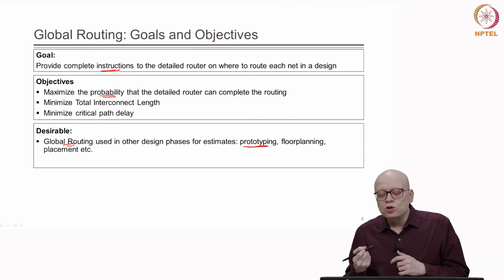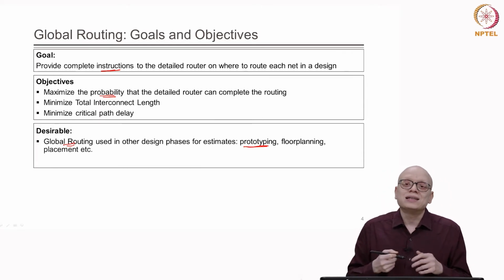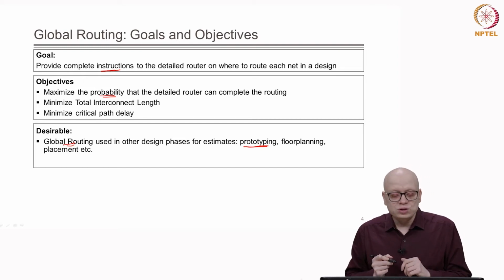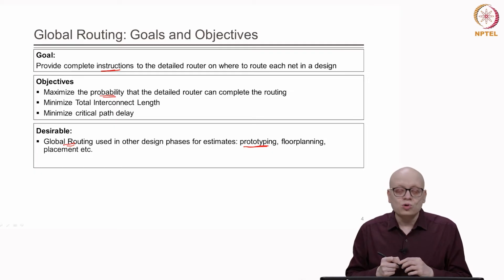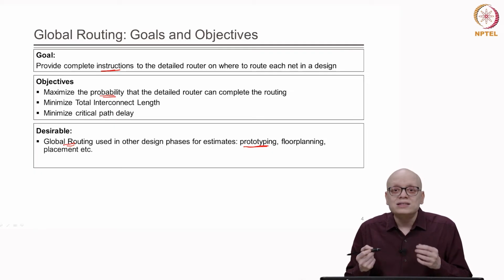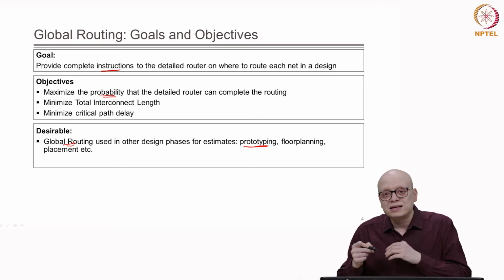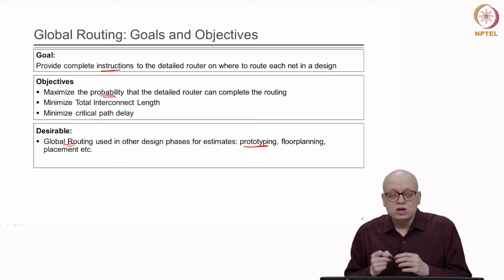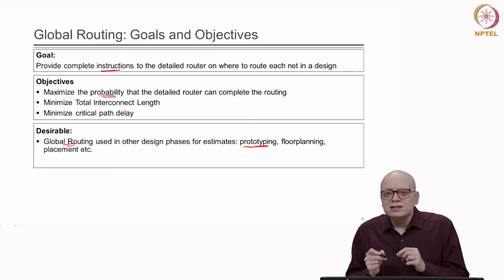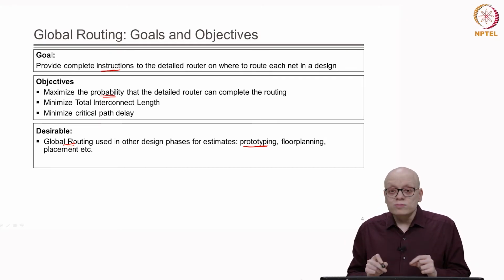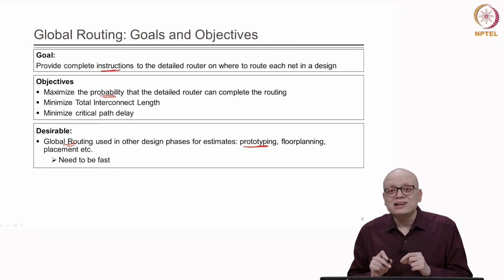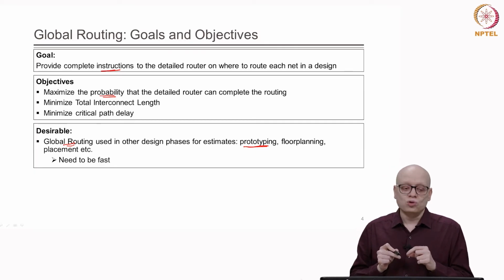During floor planning also, we have seen that to assess the congestion of our design we can use global routing, and during placement we can use a global router to assess the quality of placement, and based on that change the solution and so on. Since global routing is a rough way of routing our design, it should be very fast. That is a desirable characteristic of global routing.